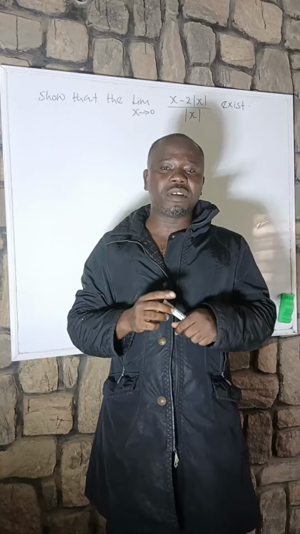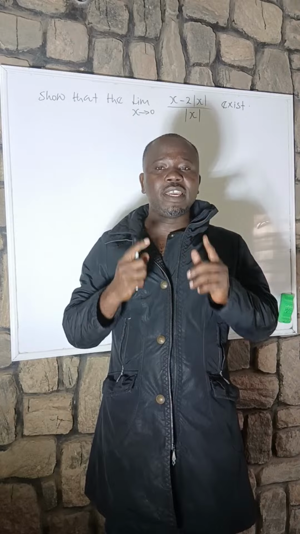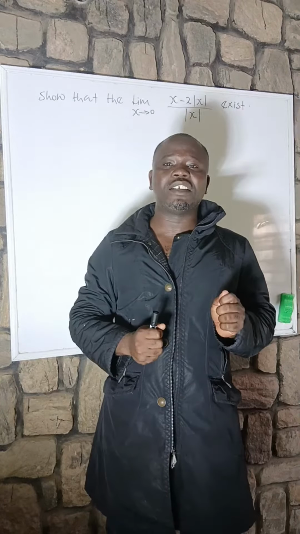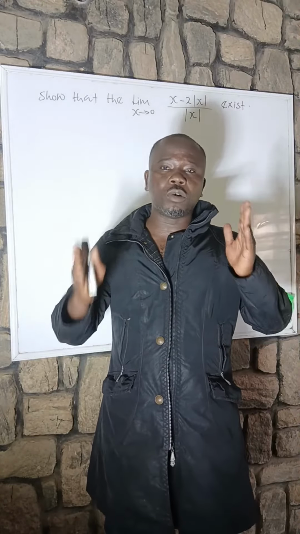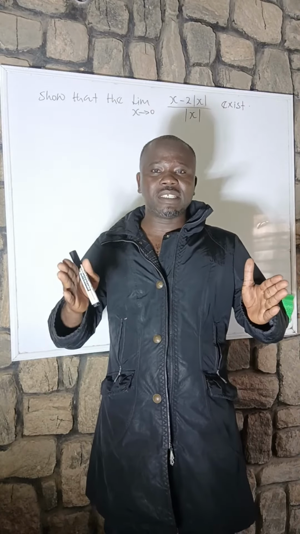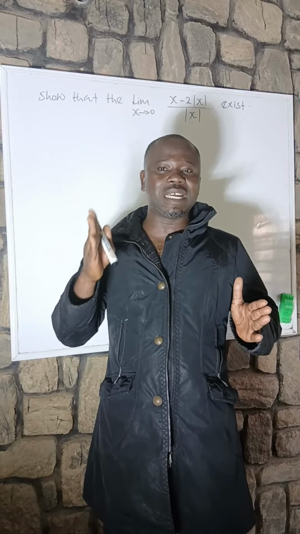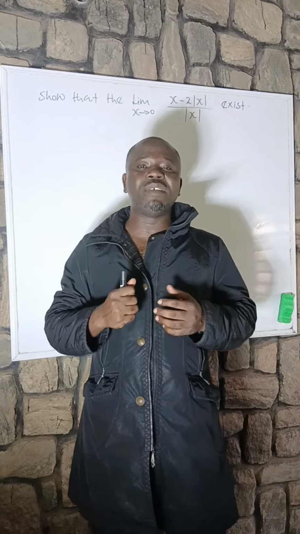That must be the first thing you should consider. For a limit to exist, the left hand side and the right hand side must be equal. Is that clear? So it means the limit exists.